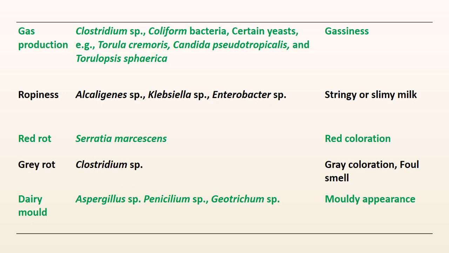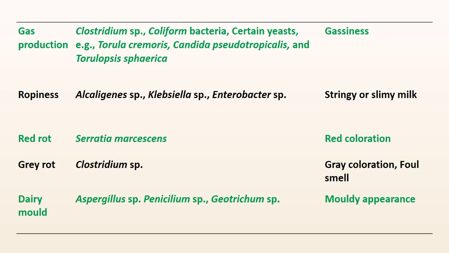In continuation, some more defects in milk, like gas production caused by Clostridium species, coliform bacteria and certain yeasts. In the yeast category there are Torula cremoris, Candida pseudotropicalis and Torulopsis sphaerica, and the sign will be gasiness. Then there is common ropiness caused by Alcaligenes species, Klebsiella species and Enterobacter species, and the sign will be stringy or slimy milk.